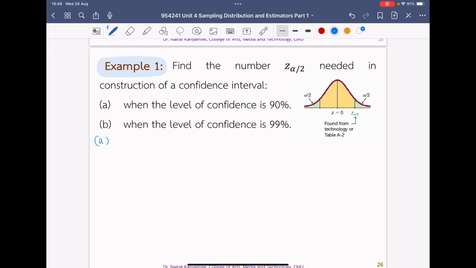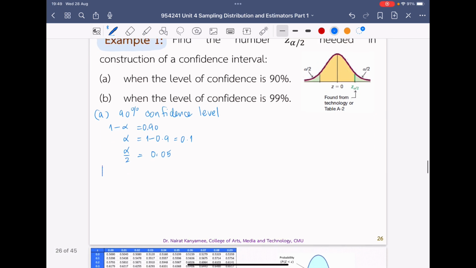Let's see part A. The first example is 90% confidence level, which means 1 minus alpha is 0.90, and so alpha is 1 minus 0.9, which is 0.1. So alpha over 2, divided by 2, you get 0.05, right?